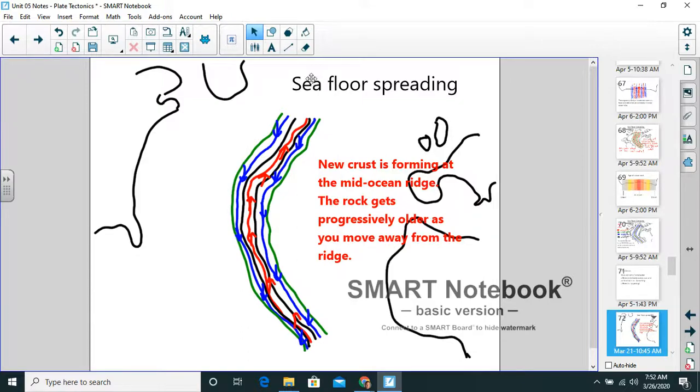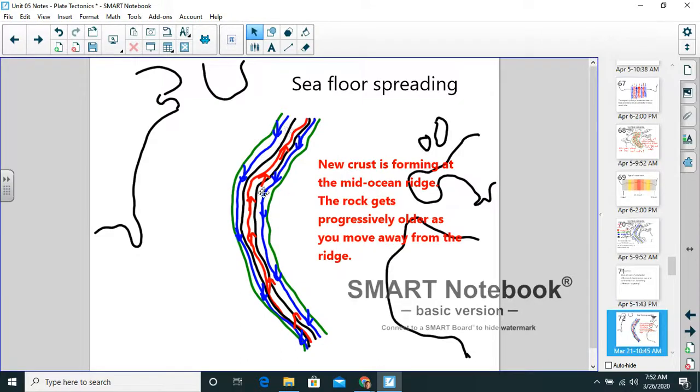So we get to the idea of seafloor spreading. What is proposed is that along these mid-ocean ridges, and here's my Pictionary diagram of the United States, here's Europe and Africa, let's imagine that this is the center of the Atlantic, and along that mid-ocean ridge, new crust is being formed.